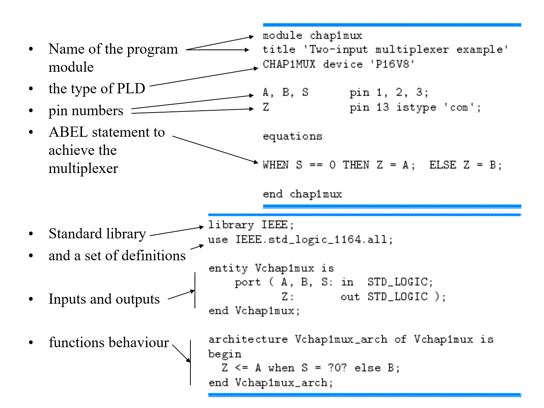The first one is the name of the program, and next is the type of PLD, which type of PLD we are going to use, and then the pin numbers, the inputs A, B and S, and the output Z. And then the equations, according to which it is going to be done. So when S is 0, then Z is A, else Z is B.